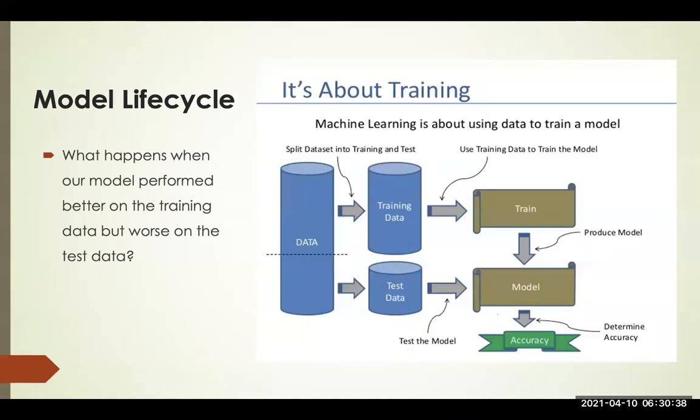So it all starts with data. And then we split the data. Remember I said most people use just two. So let's say you only want to use training and testing. You split the data into training data and testing data. You use the training data to train the model.